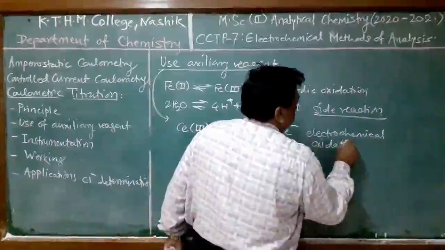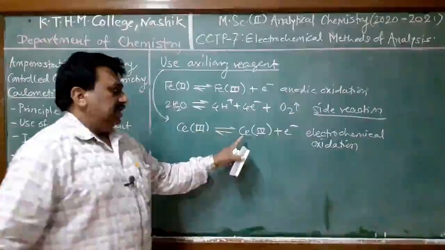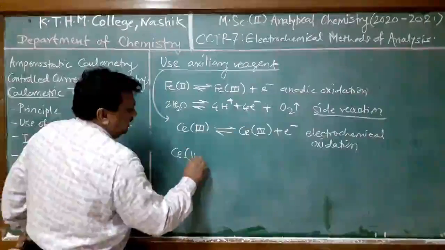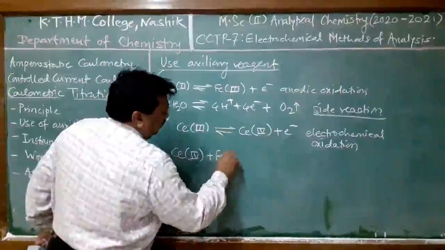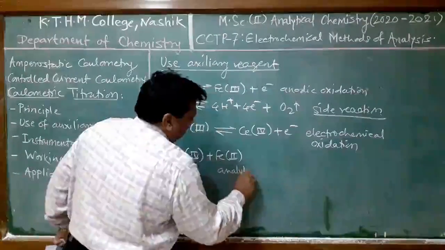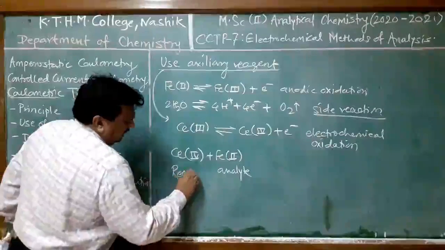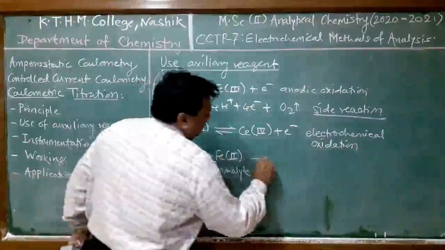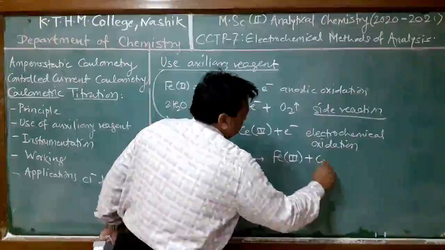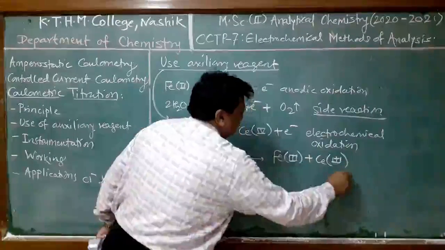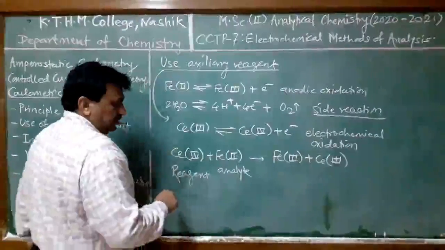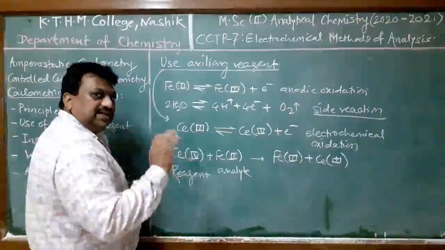Then the liberated cerium 4+ ion easily reacts with the Fe2+ ion, the analyte. This reagent is electrolytically generated, and it gives the products Fe3+ and cerium 3+. That means the net redox reaction is carried out without difficulty at a constant current value.